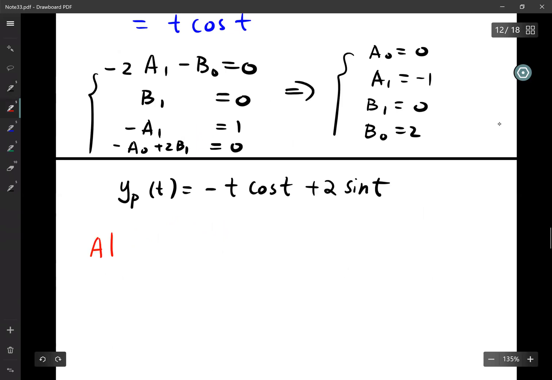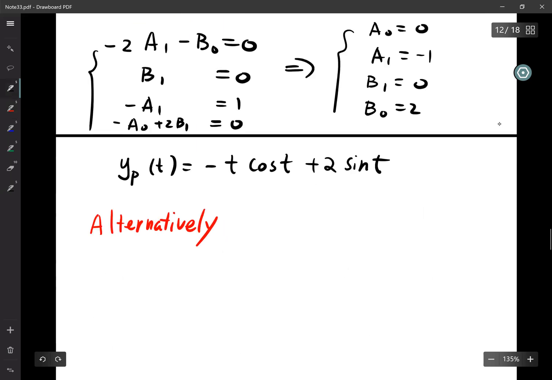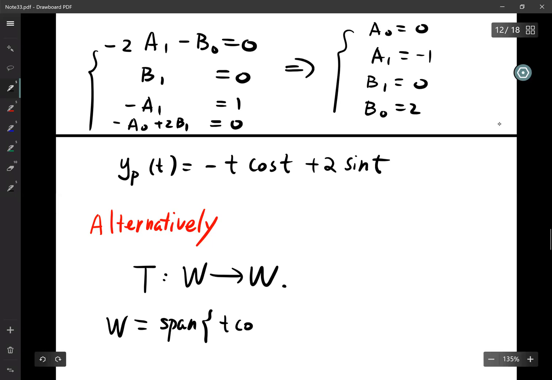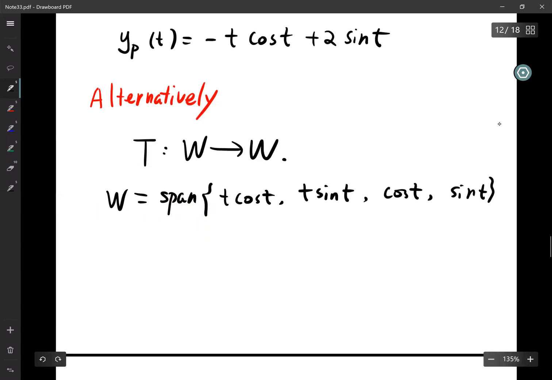Alternatively, you can work with the method where we do T restricted to W. Now W is the span of t cosine t, t sine t, cosine t, sine t. It's a 4-dimensional space.